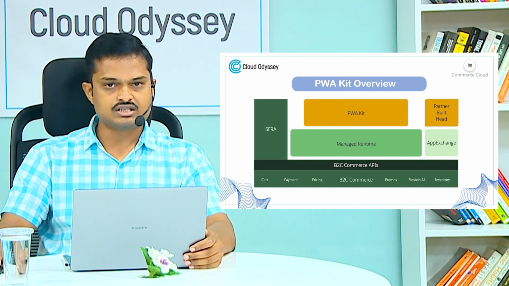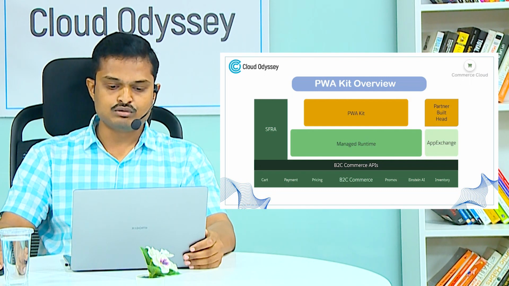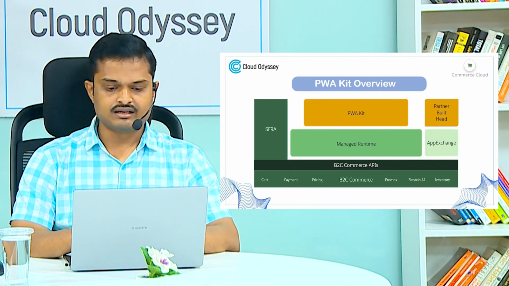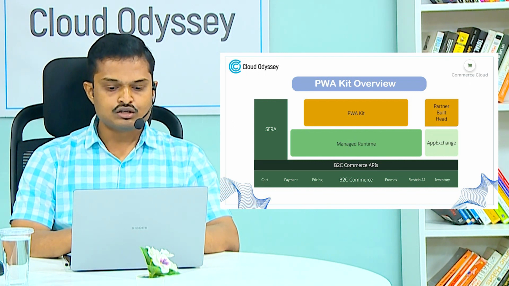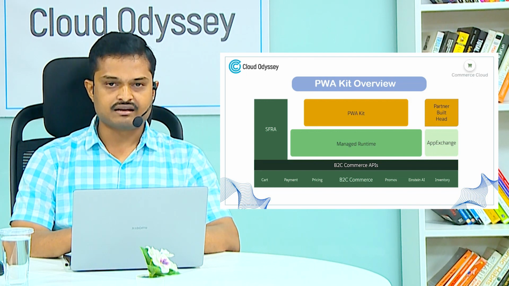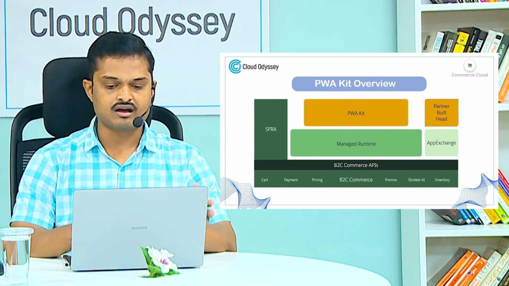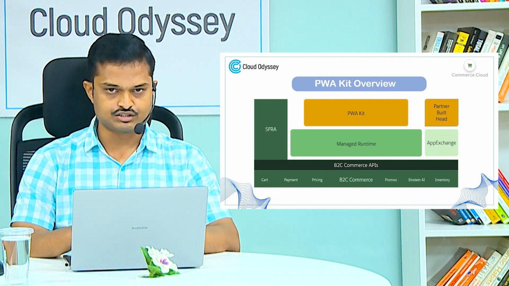And App Exchange, it is a place where you can find the connectors like the link cartridges and the PWA Kit. So let us talk about the PWA Kit in detail. So the Progressive Web App Kit, right? The Progressive Web App Kit is a reference application provided by Salesforce, something similar to the SFRA or Site Genesis, and PWA Kit uses the headless architecture.